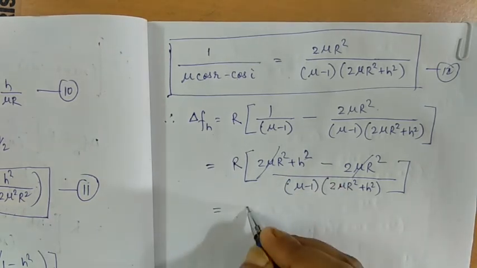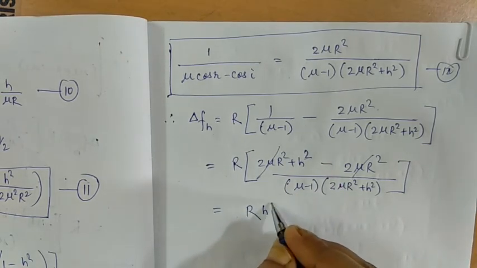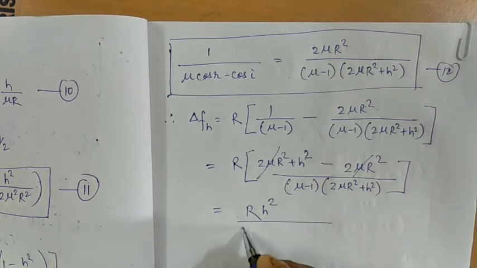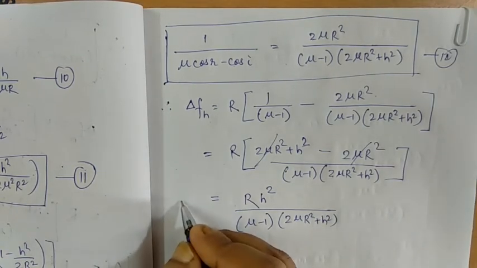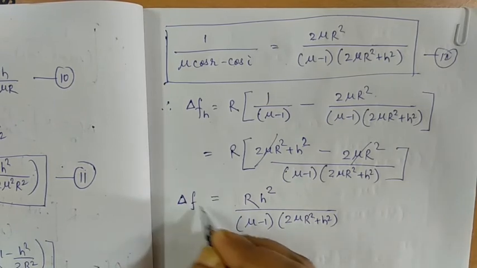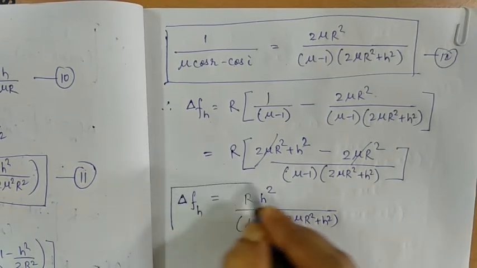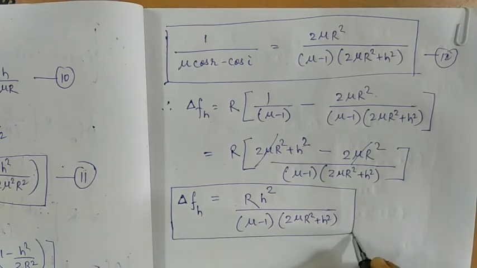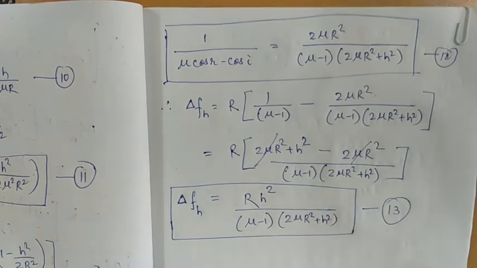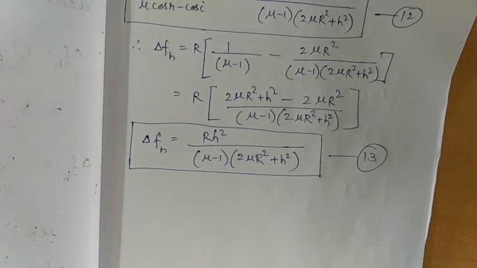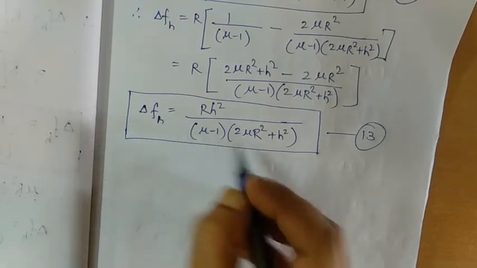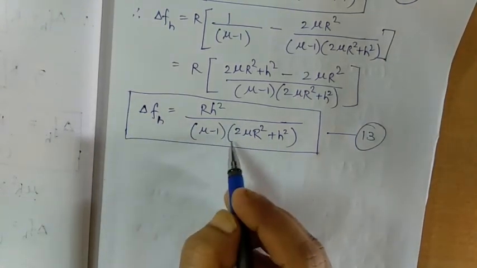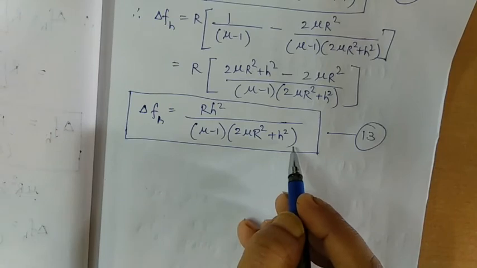So this equals r h square divided by (mu minus 1) into (2 mu r square plus h square). On the left hand side, you have the term del f_h. So let's say this is equation 13. You got equation 13 as del f_h is equal to r h square divided by (mu minus 1) into (2 mu r square plus h square).